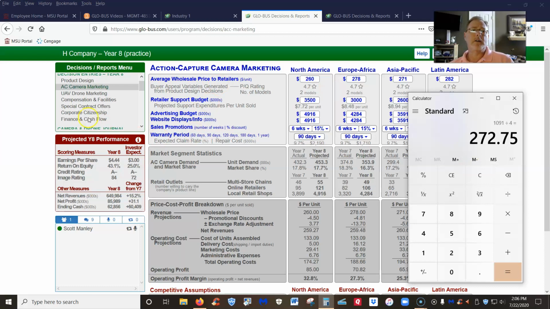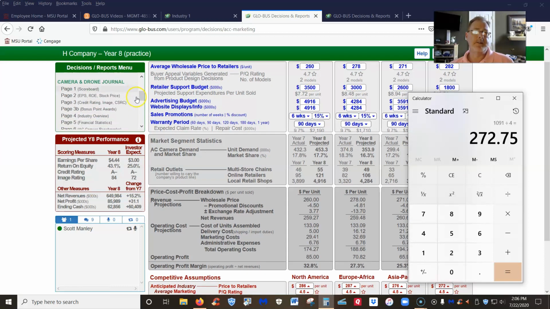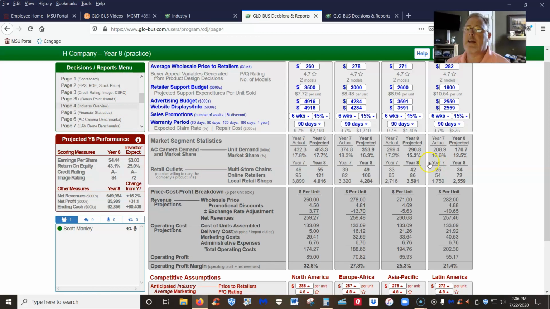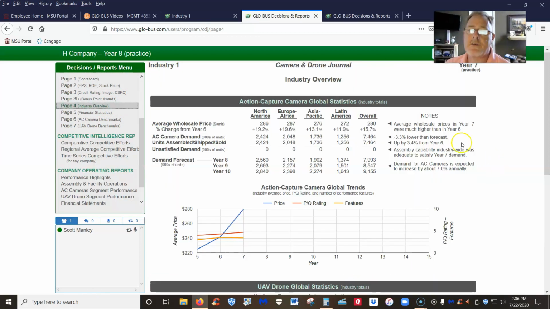If you'll recall, last year, if we look at the industry overview, the average selling price across all 4 markets was $280. So what have I done? I've priced lower than the industry average price, but I'm selling an average quality product, okay? So that's the essence of an integrated cost leadership strategy. All right, thanks for watching.